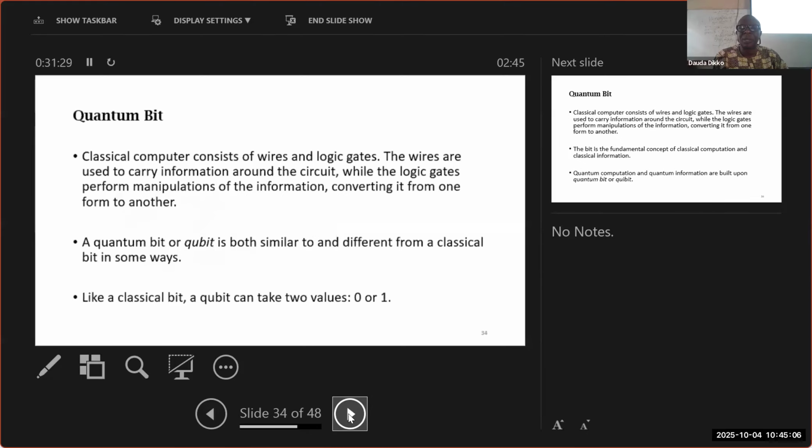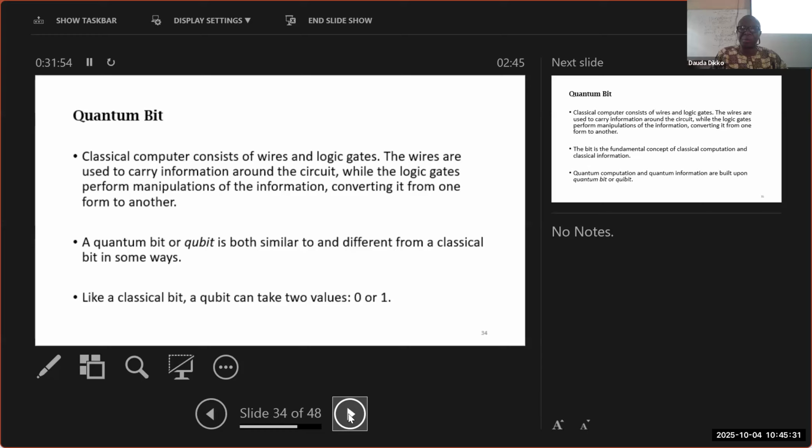Then having known the fundamentals of the bits, that is the binary digit, and the logic gate, we can now extend our knowledge of classical computing to quantum computing.